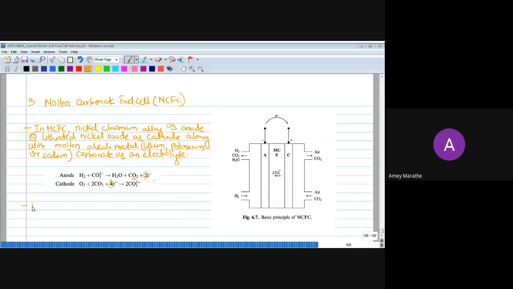So a consequence of using these electrolytes, of these reactions, is that the CO2 should be recycled from anode to cathode.